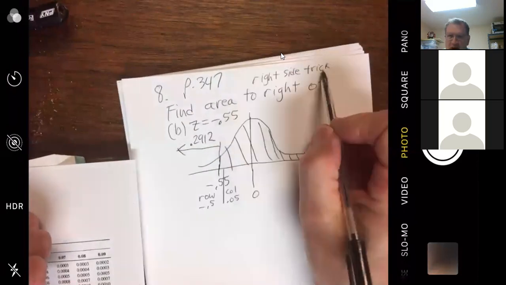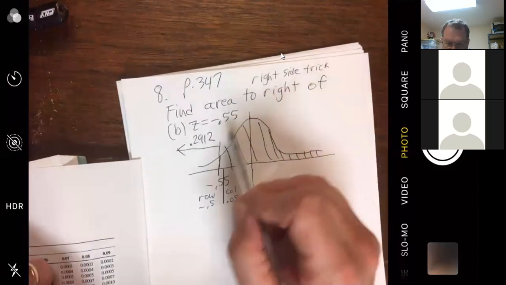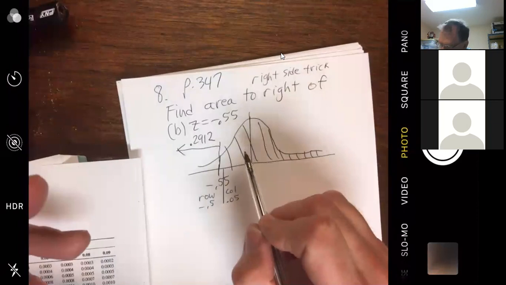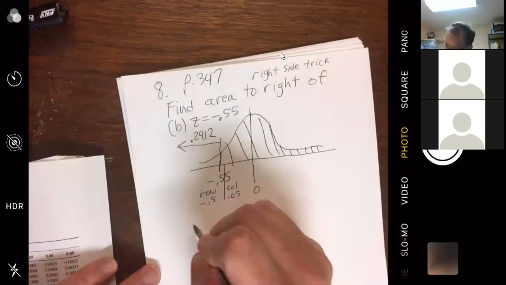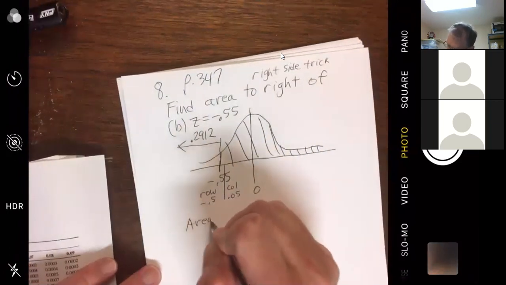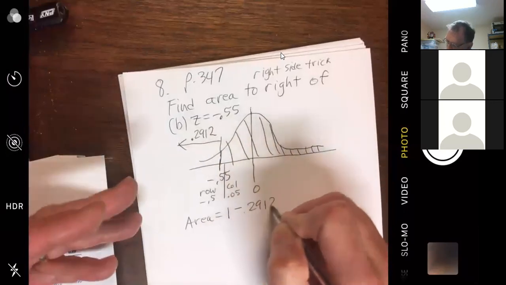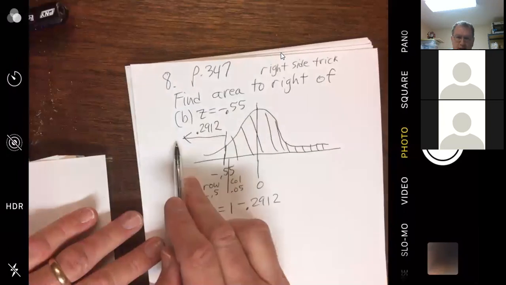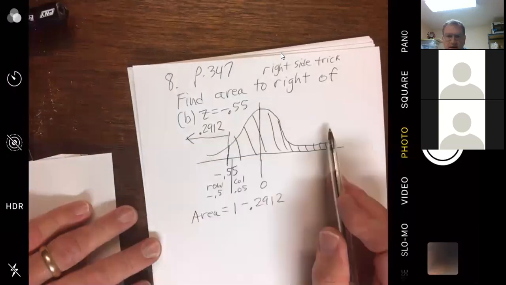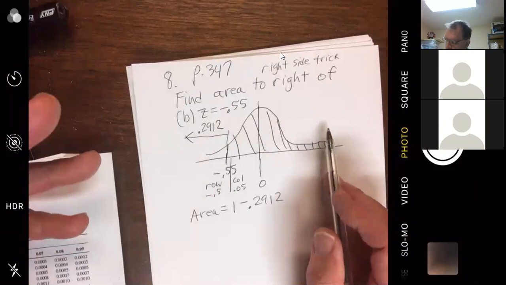Outstanding. You picked up the trick. See? The picture tells you what to do. It's like a complement situation. You're either below it or the complement is that you're above it, because the total area is 1.